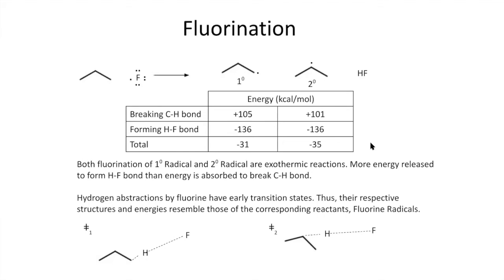So does anybody have a reason why HF bonds are harder to break than HBr bonds? It makes sense to me that they are. Does anybody have a guess at why that is? It's kind of related to electronegativity, but I was thinking more along the lines of what's a stronger acid, hydrobromic acid or hydrofluoric acid?